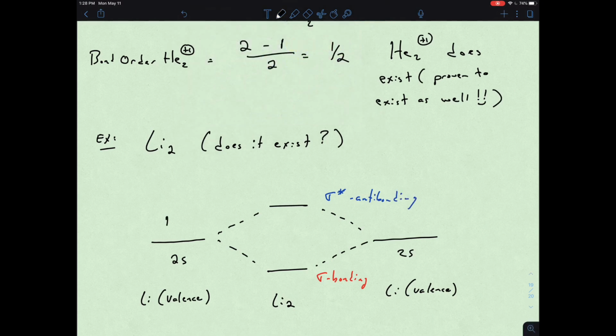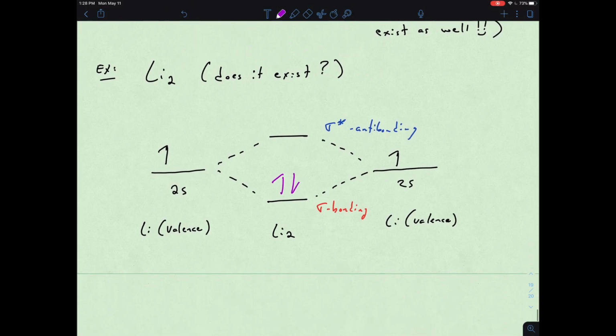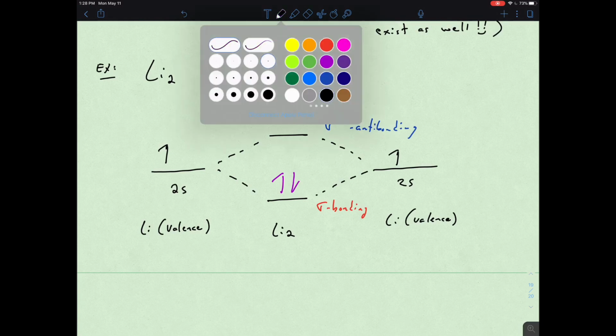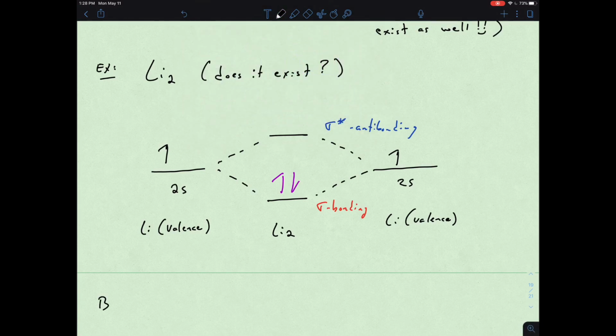So we have our 1 electron in each one of those 2s orbitals for the lithium valence shell. And when we put those in the middle, we just have those 2 electrons in that sigma bonding orbital. So lithium-2 does exist.